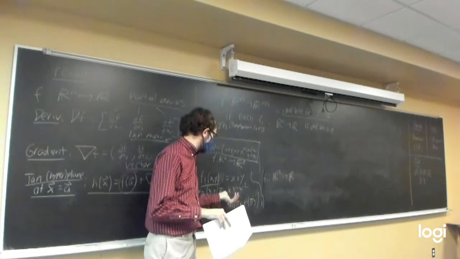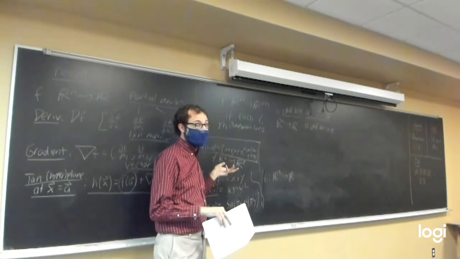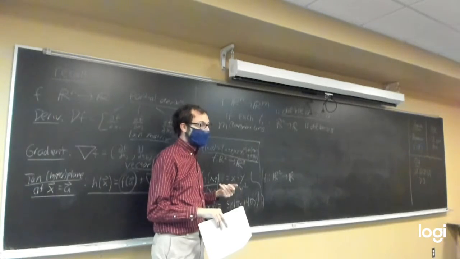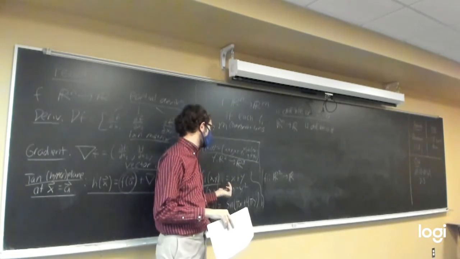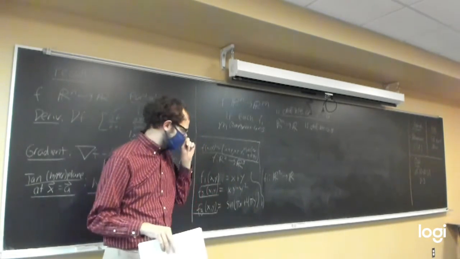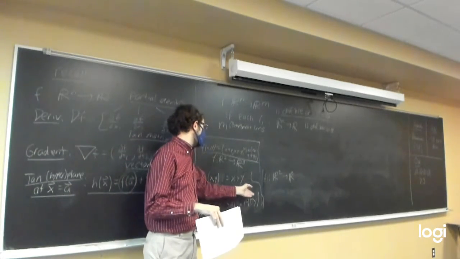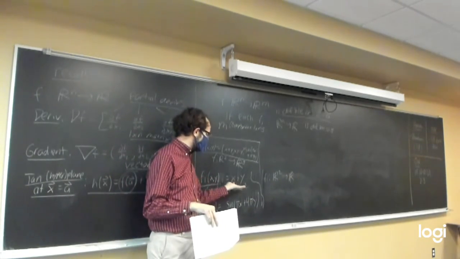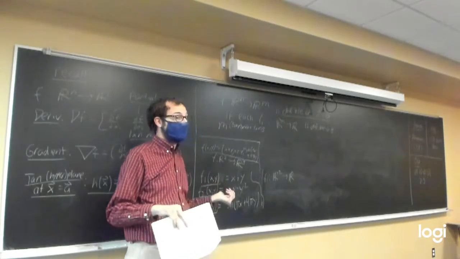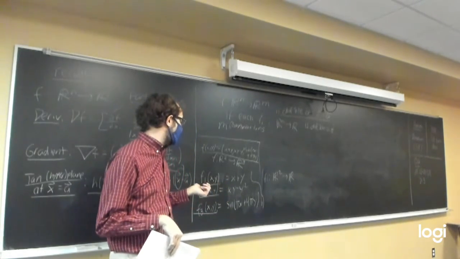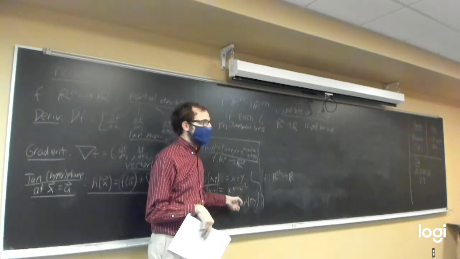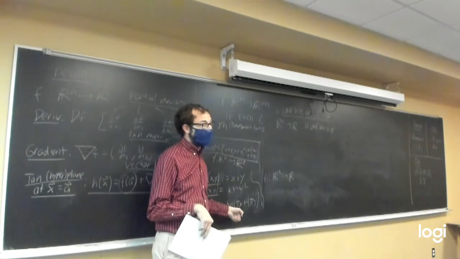Meaning all of the partial derivatives of each component function exist, and all of your partial derivatives are continuous. In this case, the partial derivatives are going to be defined and continuous over all of R2, because these are all pretty nice functions in terms of what they do.